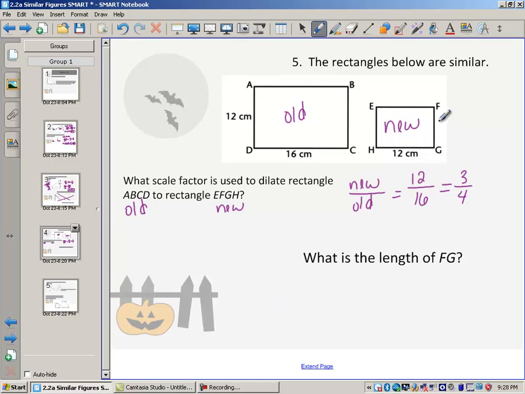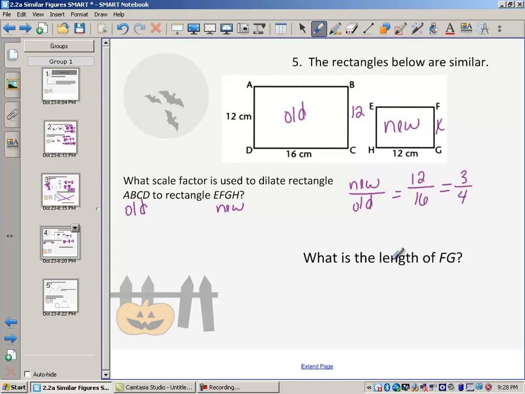Now they want us to find the length of FG right here. The side in the old rectangle that corresponds to FG doesn't have a measurement. But if you remember what you already know about rectangles, you should know that parallel sides are always the same. So if this is 12, that means this one's also 12. So I do know that one, they just didn't label it.